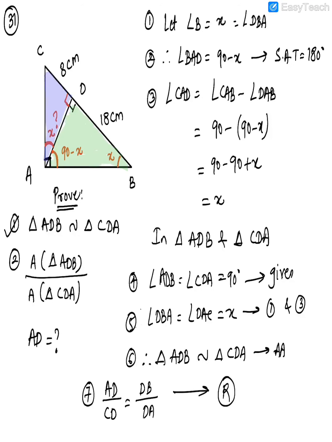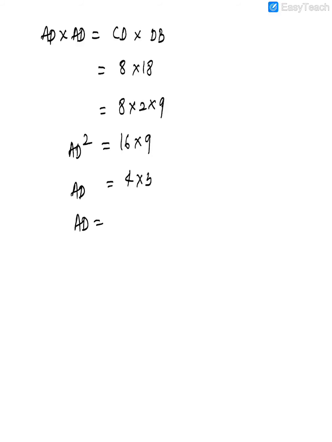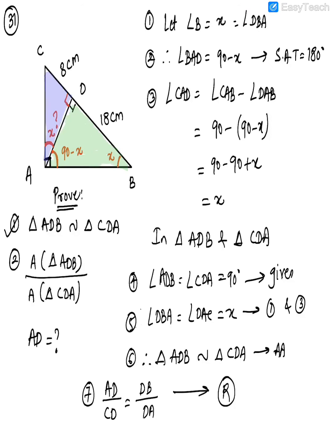But now one more part. You have to find the ratio of the area of the triangles. So basically you have to just take the corresponding sides. What are the corresponding sides? AD upon CD. So I'll have to write first, area of triangle ADB divided by area of triangle CDA is equal to AD upon CD, the whole squared.